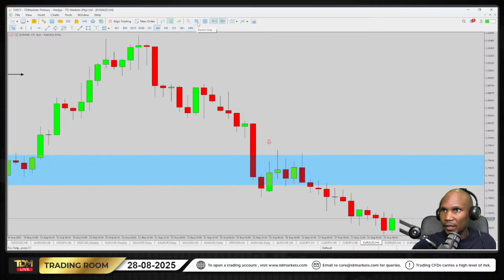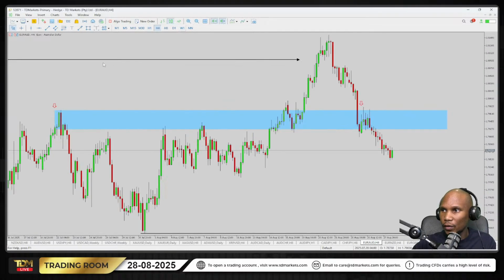So this one is a very simple one, just looking for the market to correct, because now we're in a downtrend. This is a downtrend, all right? So now we're looking for price to correct, continue going down, correction, continue going down. This is basically the trend at the moment.